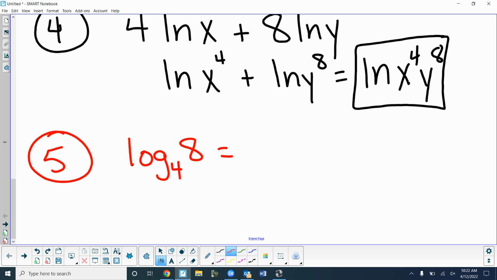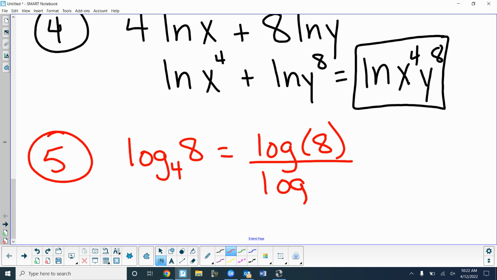Well, now we don't have to do that. We can just put in our calculator log of 8 divided by log of 4. And that was 1.5 or 3/2 if you have the fraction. Right? Just put in your calculator. That's all you gotta do for 5 and 6.